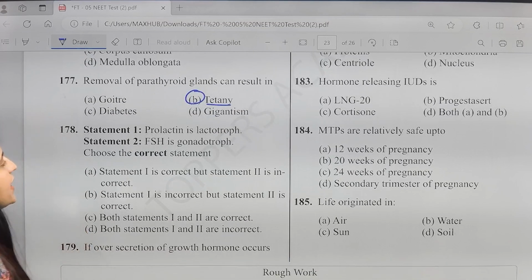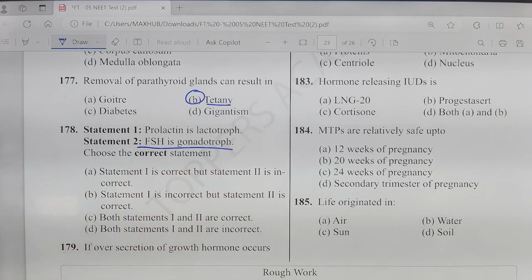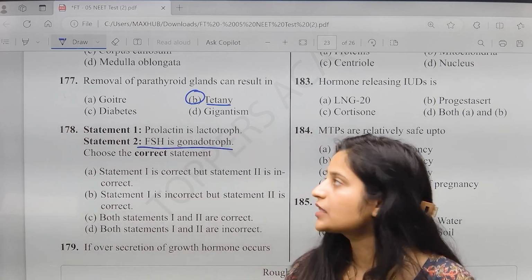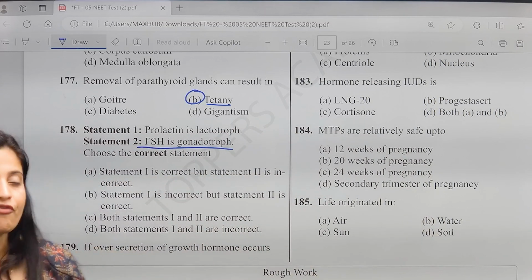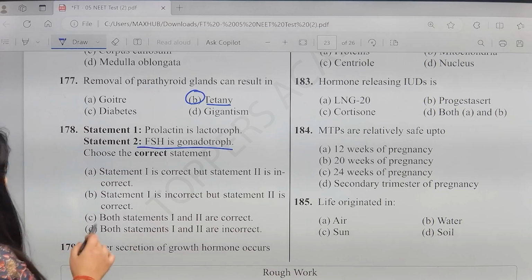Next, prolactin is lactotroph, FSH is gonadotroph. These are the cells which make these hormones, and prolactin is a hormone responsible for milk synthesis, and FSH, you know, is responsible for the growth of follicles and all. Okay, so both the first and second statements are correct.